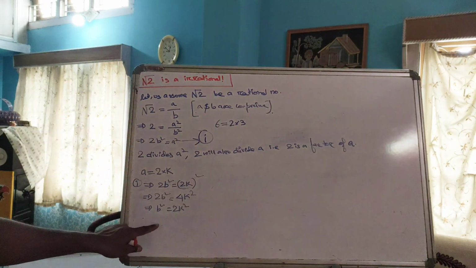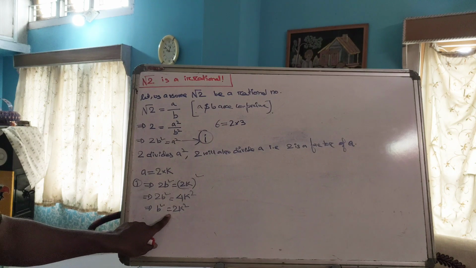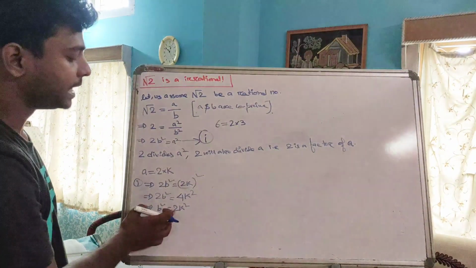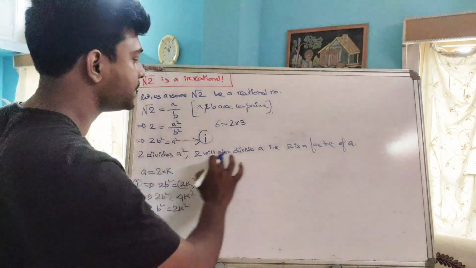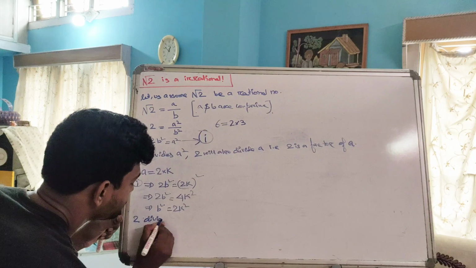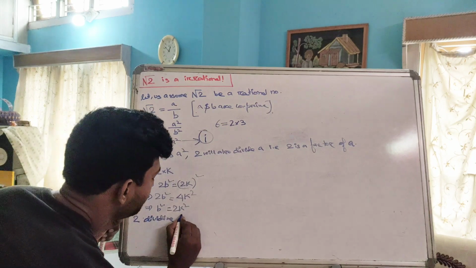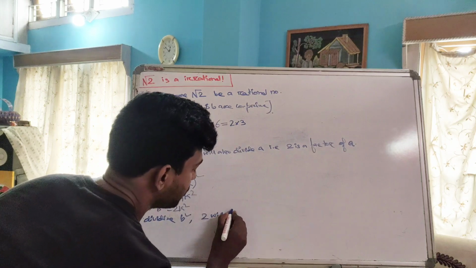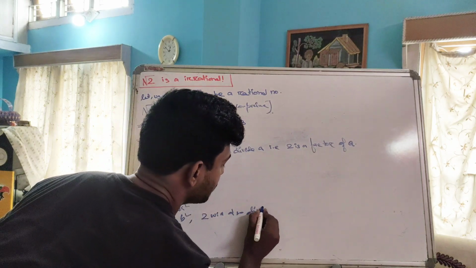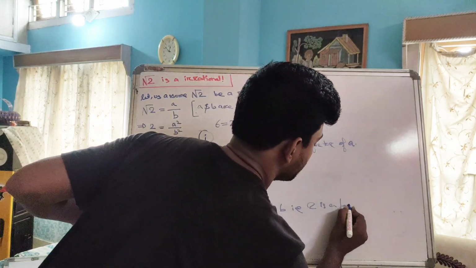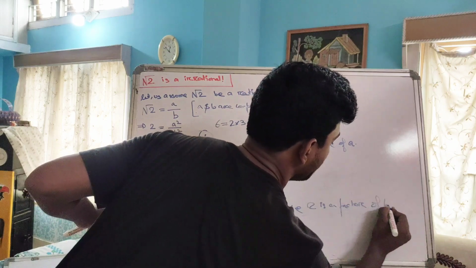So same situation here, b squared can also be represented as some multiple of 2. With the same logic we used here, we can say 2 divides b squared. So we can also say 2 will also divide b, that is, 2 is a factor of b.